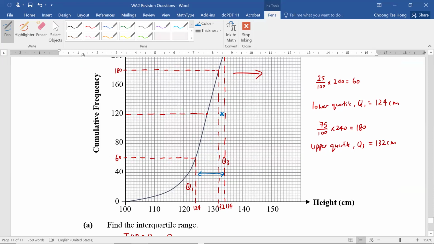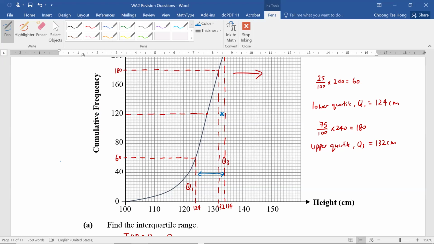So if it's closer together, how can you envision the graph to be? The graph would actually be more narrow, because if Q1 and Q3 are very close, then it's going to be narrow. So essentially, the standard deviation has a relationship with the interquartile range, and if the standard deviation is smaller, then the interquartile range should be smaller, then Q1 and Q3 should be closer together.